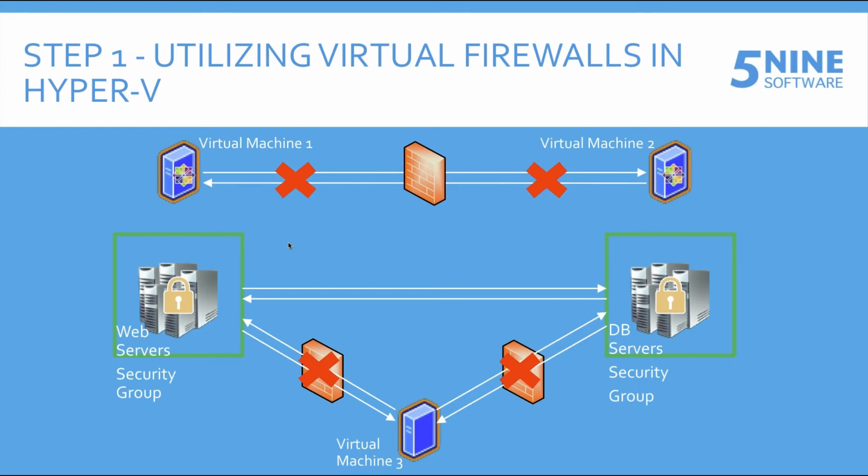And no traffic from the internet or other virtual machines should ever be talking directly to the database servers, because in a traditional 2-tier web application, the web servers really only need to talk to the database servers to present that information to clients through a web browser. So setting up these application groups is very common, and then securing the network based on the types of applications and who needs to talk to who.